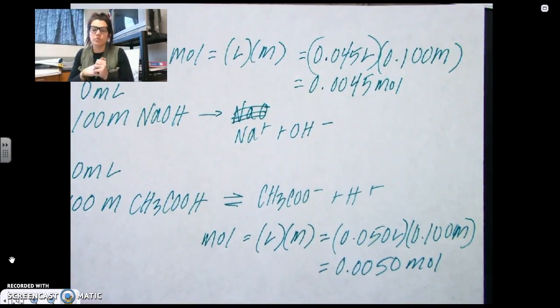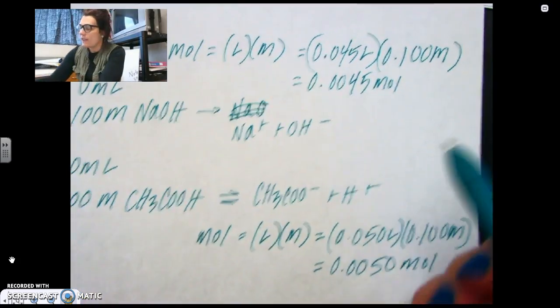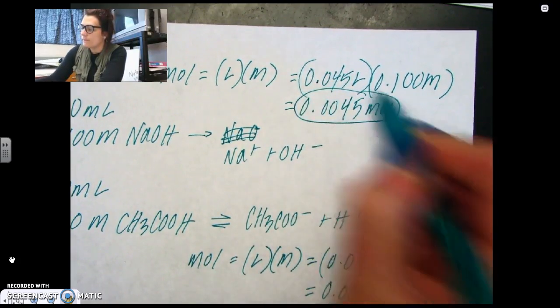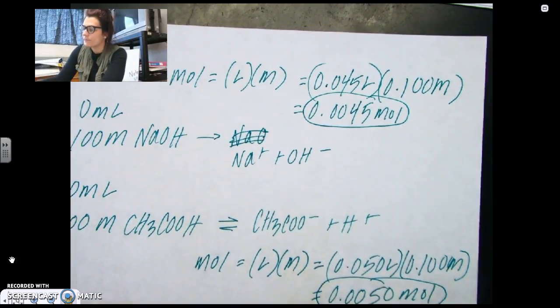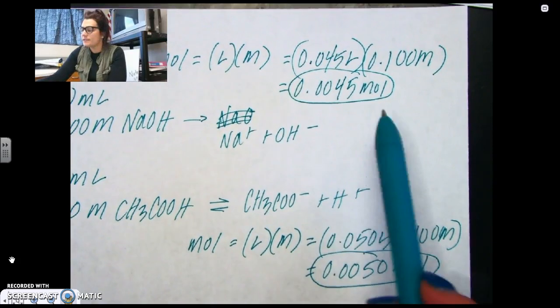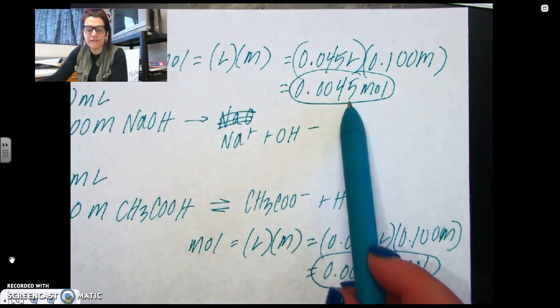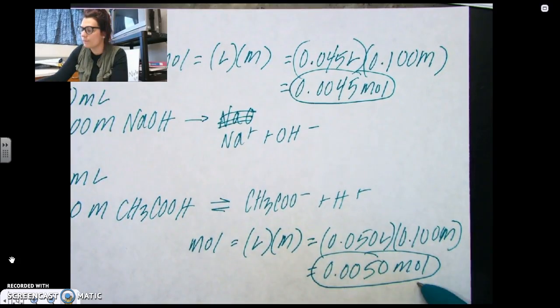So what that means is, if I have this many moles and this many moles, the 0.0045 moles of hydroxide is going to consume 0.0045 moles of acetic acid, because it's going to consume it to make water.